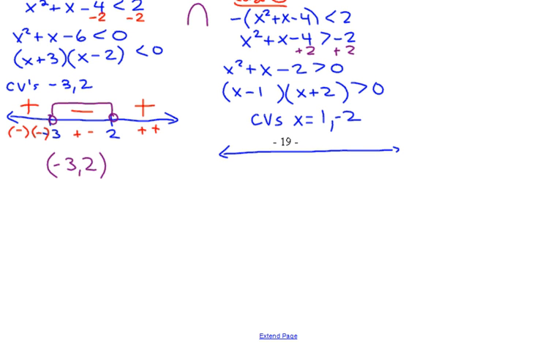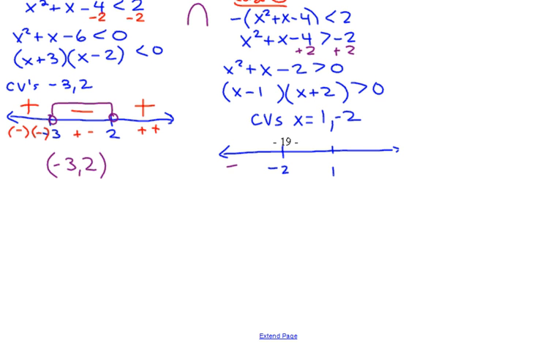So let's do a little interval. We have a negative 2 and then 1. Oh, that's our function, actually. So here, pick a number less than negative 2. Negative 3. Negative 3 minus 1 would be a negative.